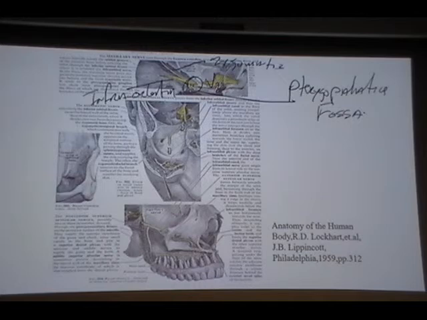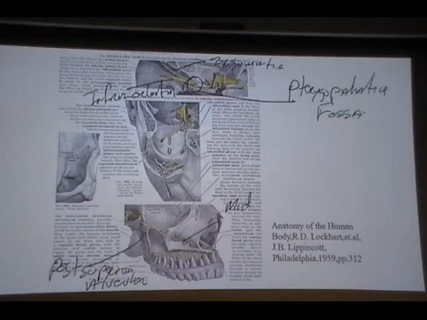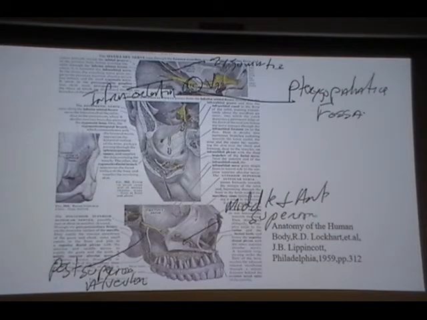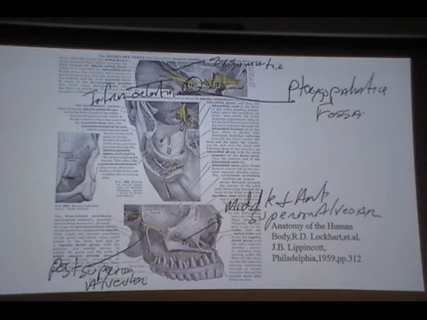Here is posterior superior alveolar. Here is middle and anterior. Here's another look coming down from the ganglion.